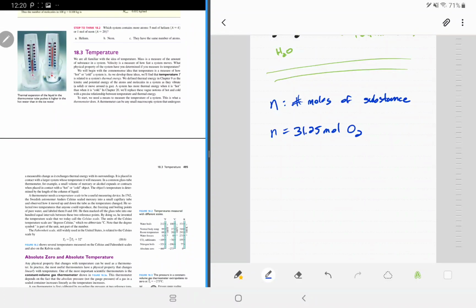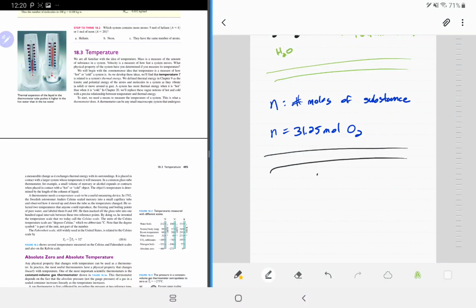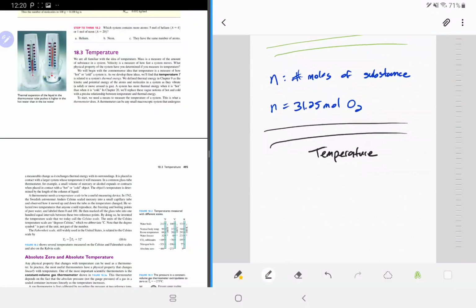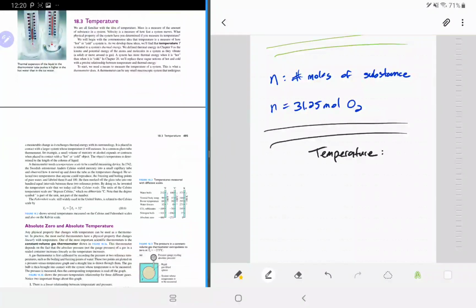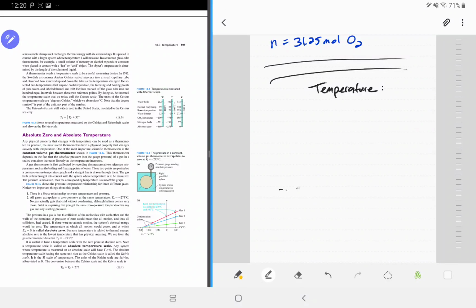So now we can maybe quickly go over temperature. You have some intuitive notion for temperature as the hotness or the coldness of something. And you're used to measuring it in terms of either Fahrenheit or Celsius. So to define a temperature scale, you need to know two facts.